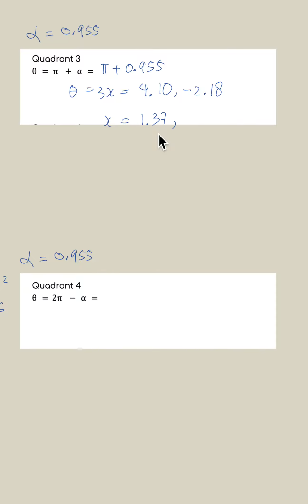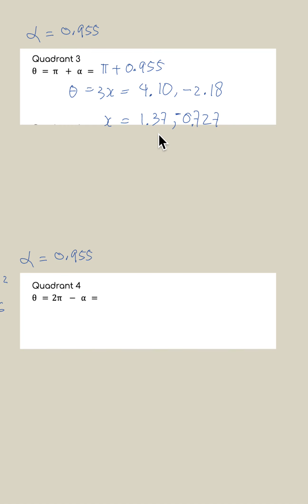How about the other one? Negative 2.18 divided by 3, you're getting negative 0.727 radian. We have two values of x in quadrant 3.